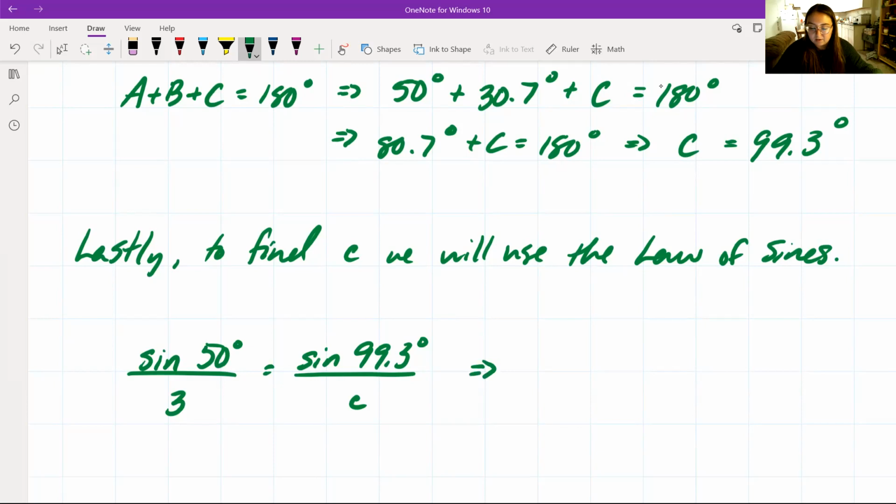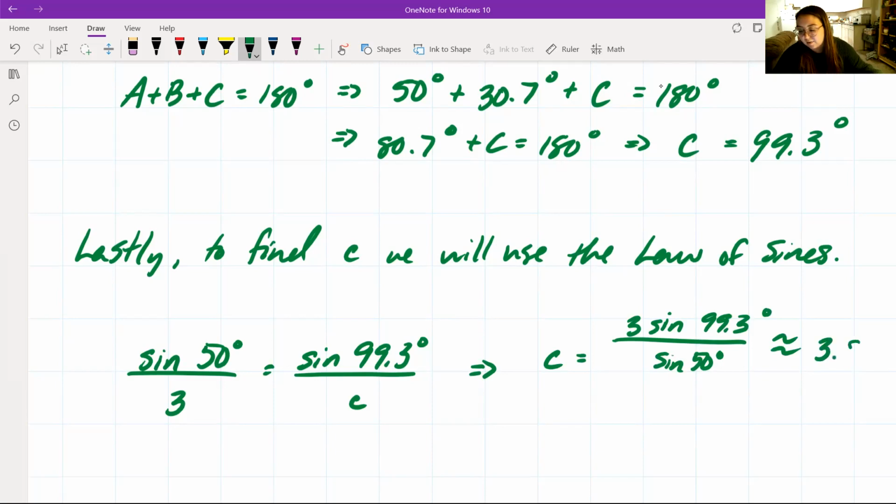So we have our problem set up here. When we solve for c itself, we get the equation c is equal to 3 sine of 99.3 divided by sine of 50 degrees. And if we plug this into a calculator, this gives us a value of 3.87.